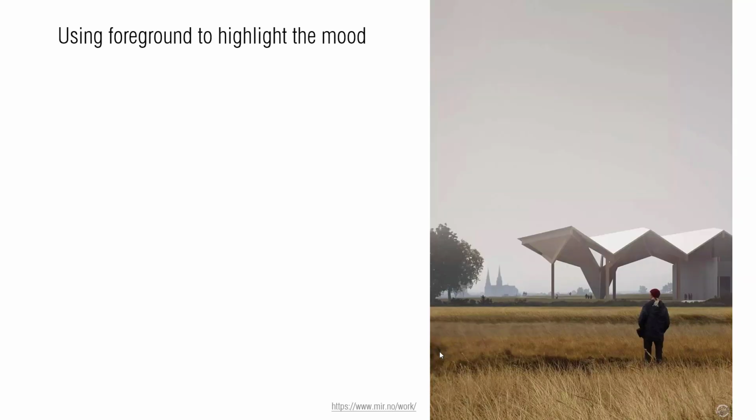This is also another example of their design, their rendering. You can see that this person here in the foreground adds a storyline, and you can feel a certain type of mood there, and you begin to ask the question, what is his relationship to the building, right? What is he looking at?